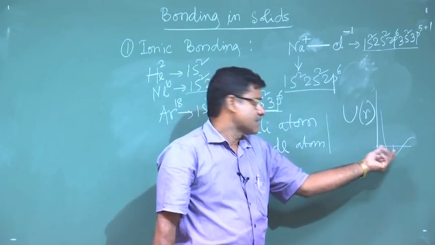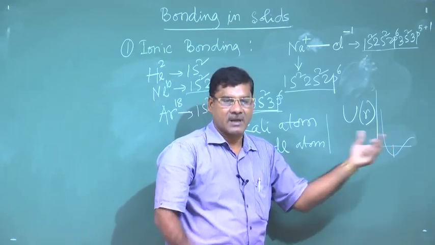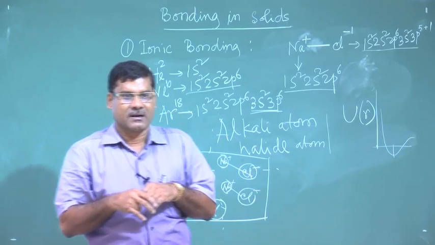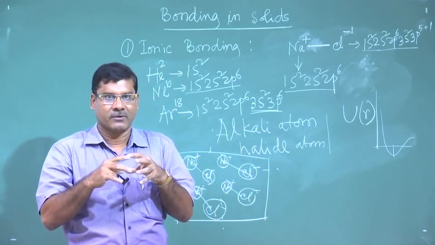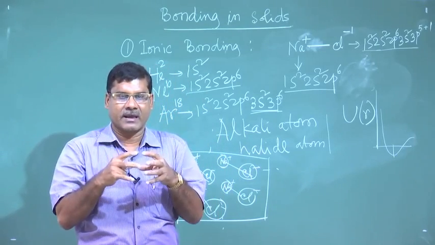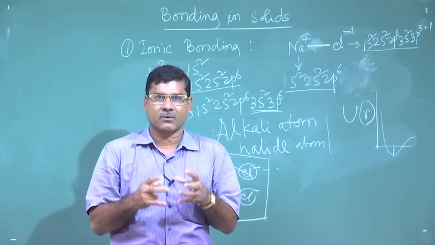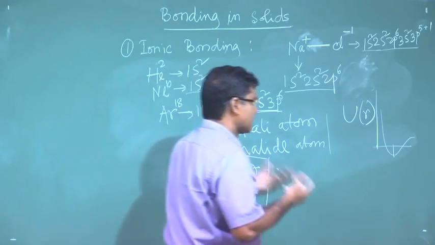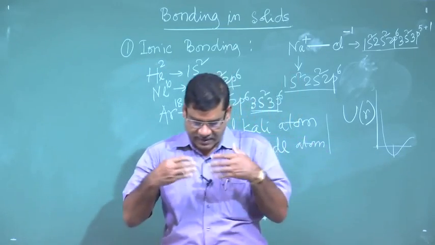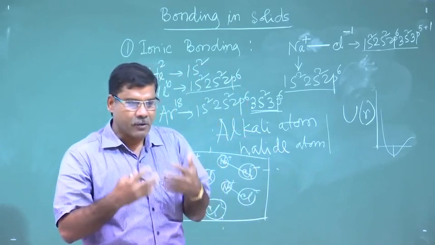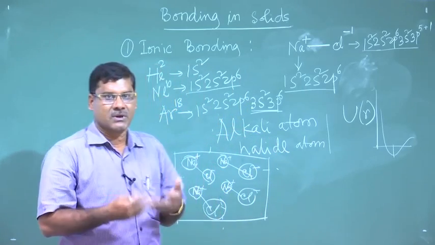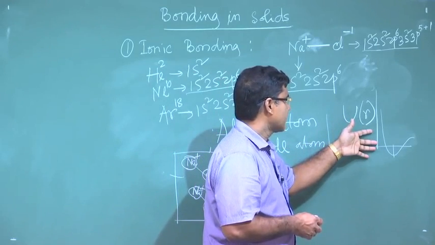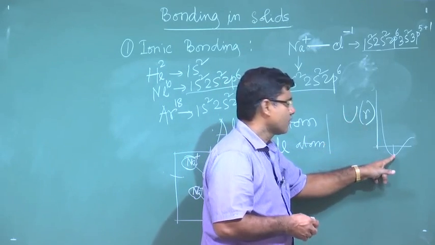That was between two atoms. Now you have many atoms, from one to another, so they have to find a configuration such that the total energy will be minimum, and that is what nature prefers. Automatically, there is self-organization of these atoms in a structure such that the total potential energy will be minimum.